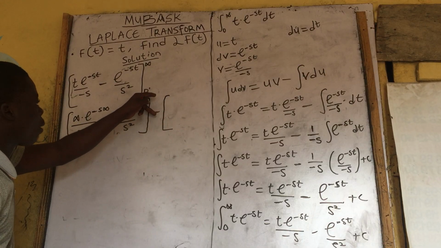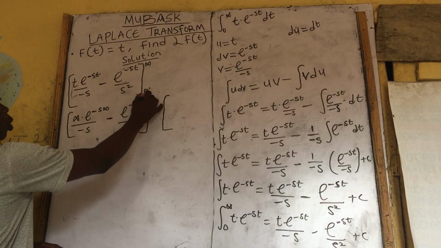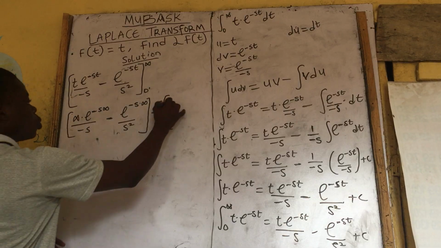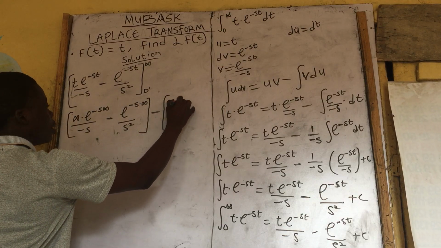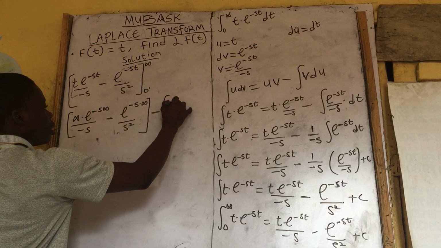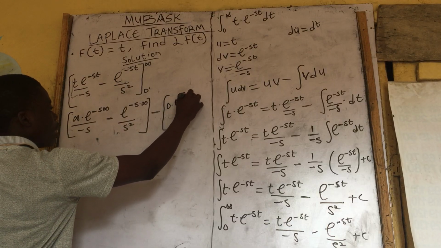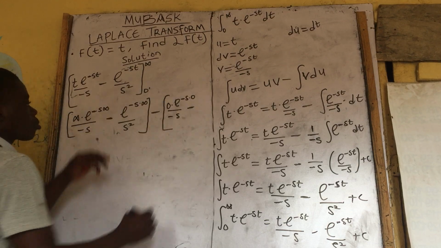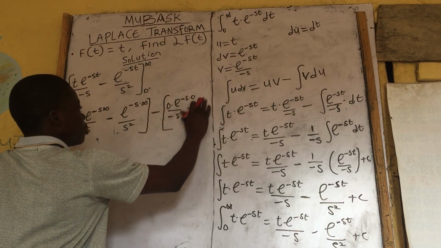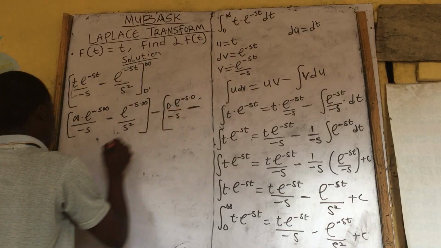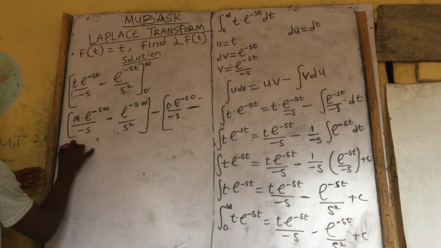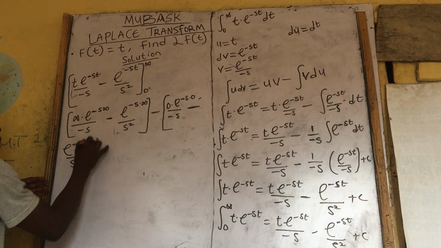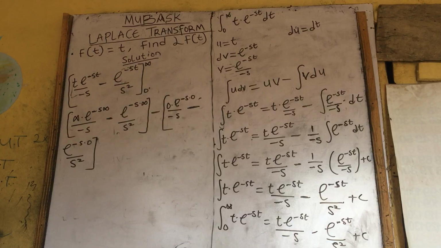Our lower limit is 0. Whenever we see t, we substitute it as 0. So 0 times exponential minus s times 0 divided by minus s, minus exponential minus s times 0 divided by s squared, all in brackets.